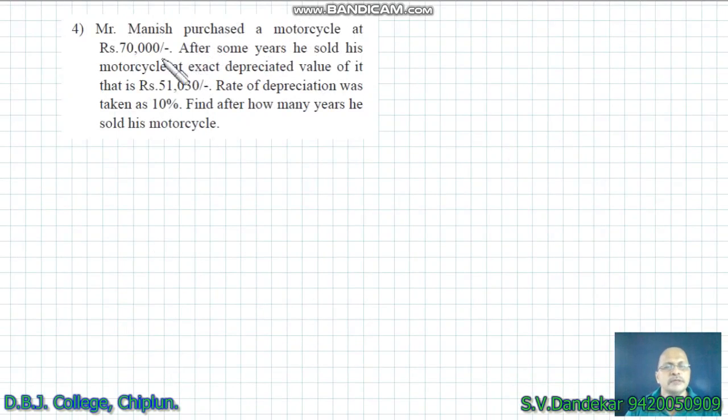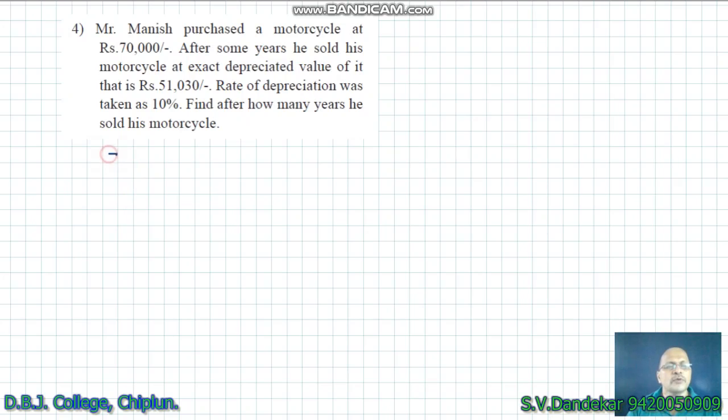Next problem: Mr. Manish purchased a motorcycle at rupees 70,000. After some years, he sold his motorcycle at the exact depreciated value of it, that is 51,030. Rate of depreciation was taken as 10%. Find after how many years he sold his motorcycle. Use the same formula.